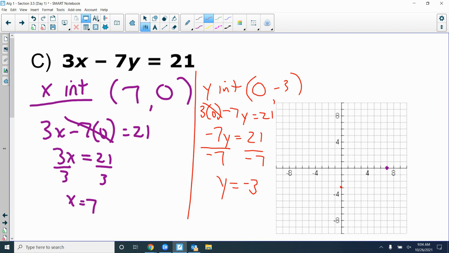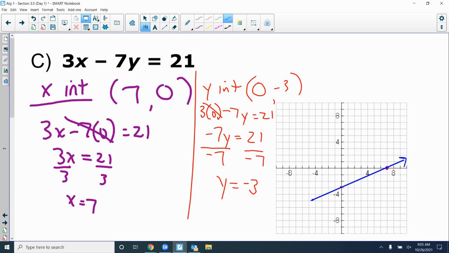Yeah. Correct. Right there. What do you guys think? Pretty easy? It's not bad, is it?